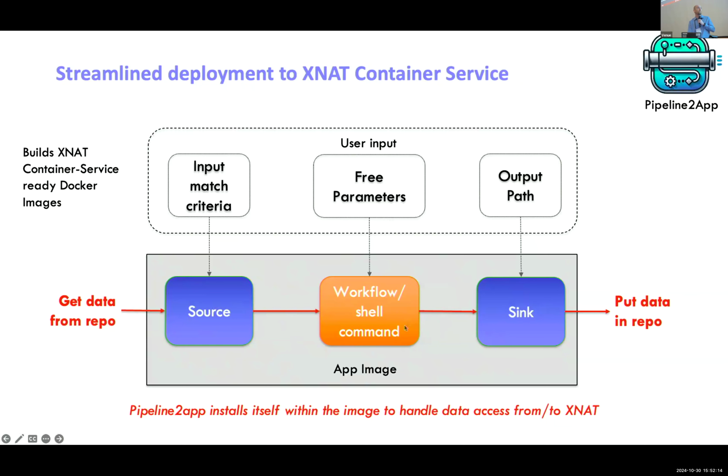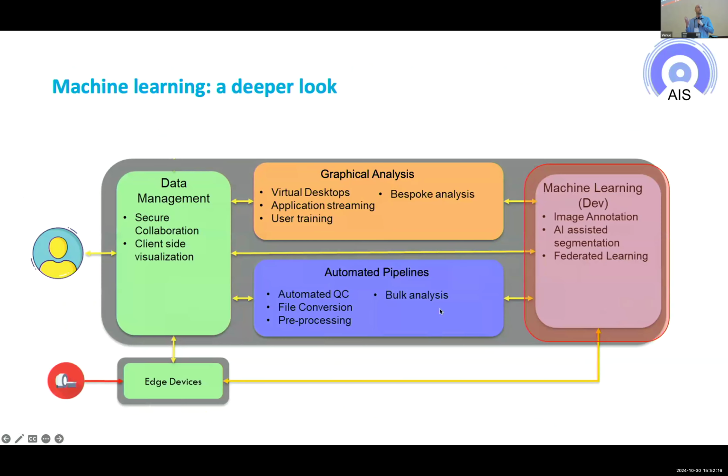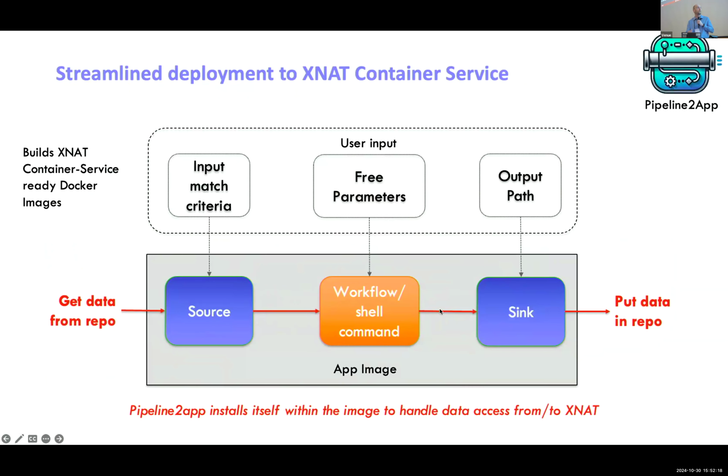So this package keeps all the boilerplate away from the workflow, so the imaging scientist can just focus on the analysis that has to be performed and not any of the integration with XNAT.